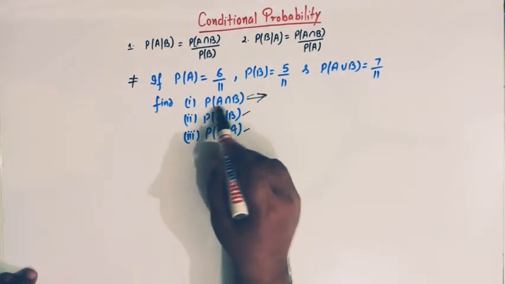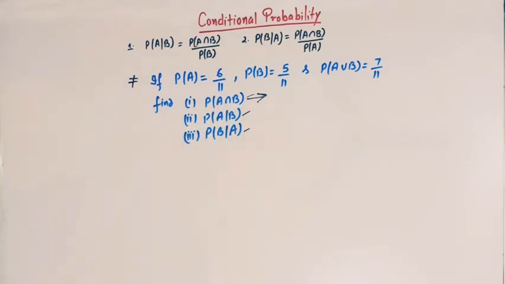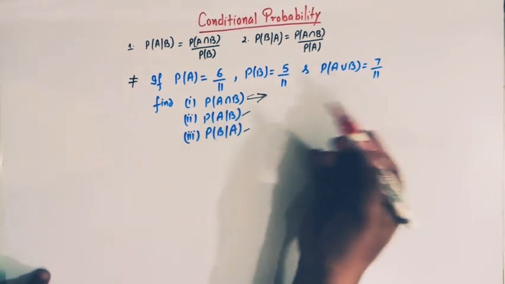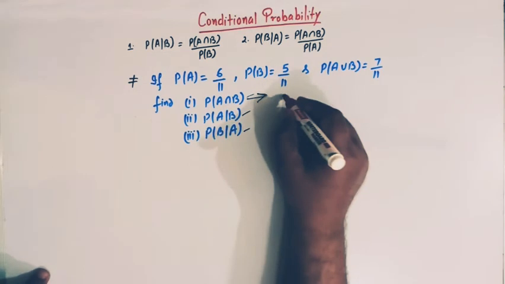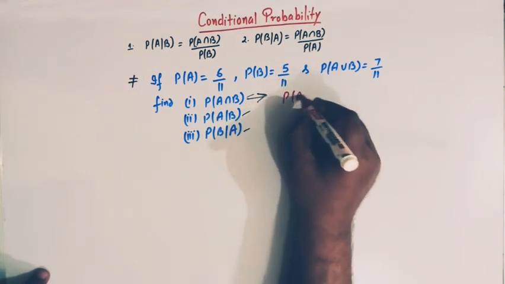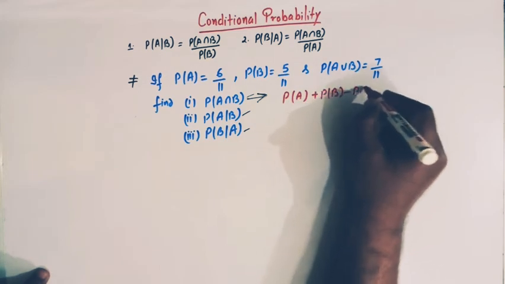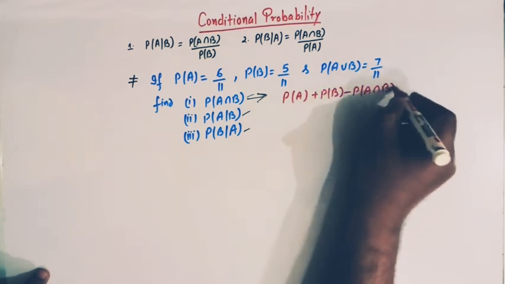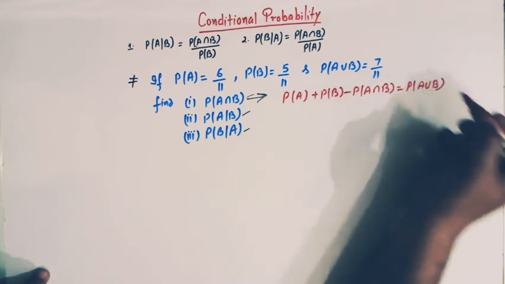So in order to find out this quantity, we'll make use of the addition theorem on probability, which is given by P A plus P B minus P A intersection B is equal to P of A union B, right?